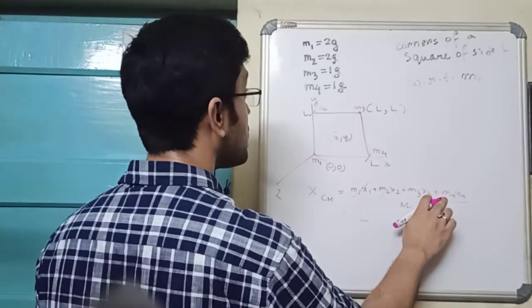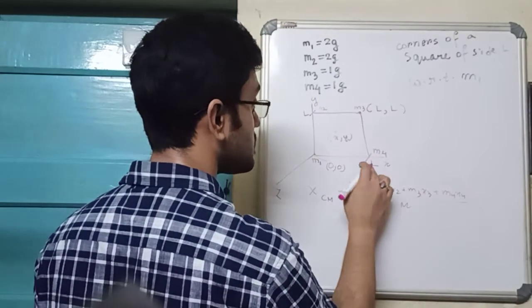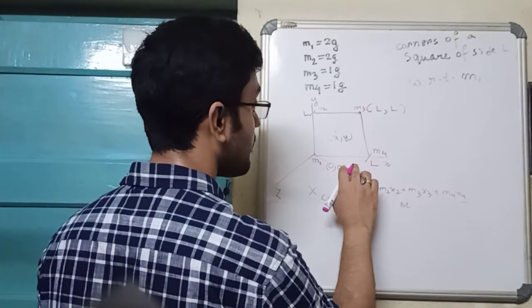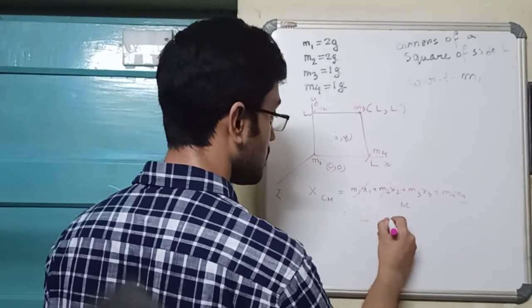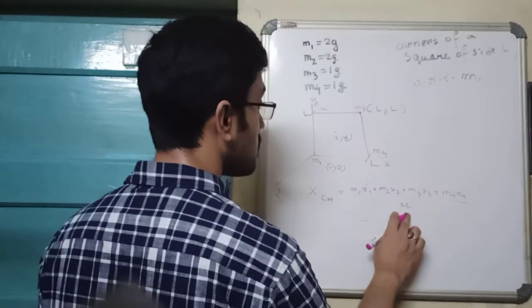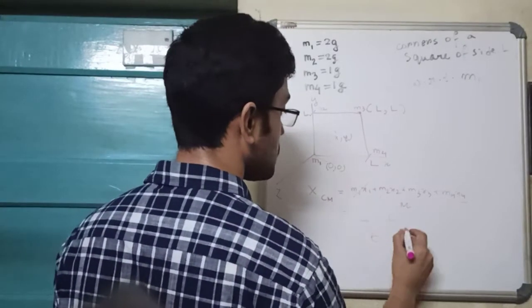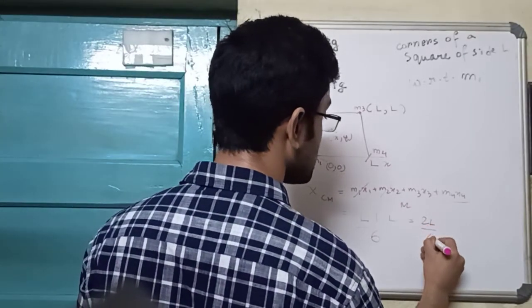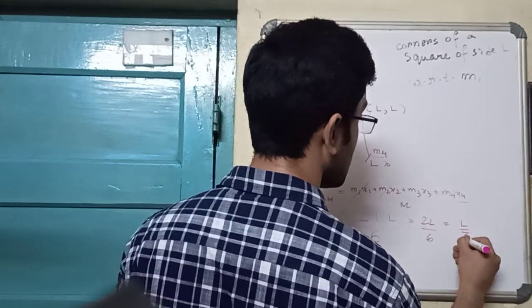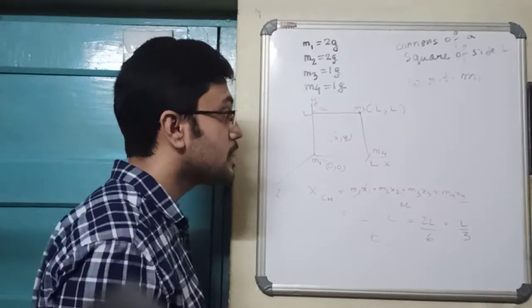And m4 has a mass 1 gram, and x4 is the x coordinate of m4, and that is also L. And what is the total mass? 2 plus 2, 4, plus 2, 6. So this becomes 2L by 6, that is L by 3. This is the x coordinate of the center of mass.